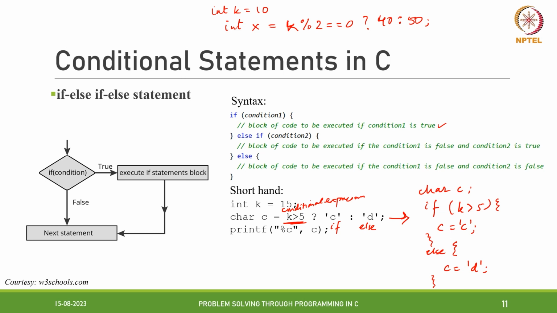This is the ternary operation. First it will evaluate this condition. 10 modulo 2, there is no remainder, so it is equal to 0. The condition is true. So if it is true, it will do this operation. This is the assignment operation of x equals 40. If this came out to be false, it would have saved the value of 50 in x. So in this case, x will have the value of 40.